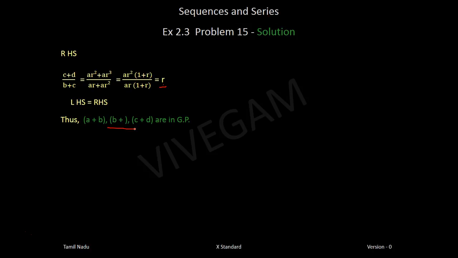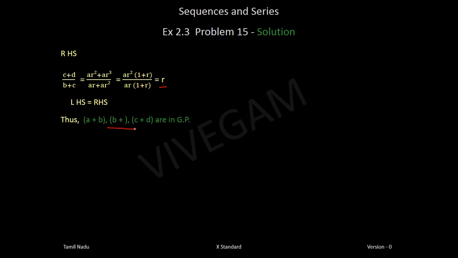The third term is C, and that will be AR squared. And the fourth term is D, so that will be AR cubed. So take these values, substitute them in the left hand side and the RHS, simplify, and see whether you are getting the same value. You will get the same value, and that's why the series A plus B, B plus C and C plus D is a GP.